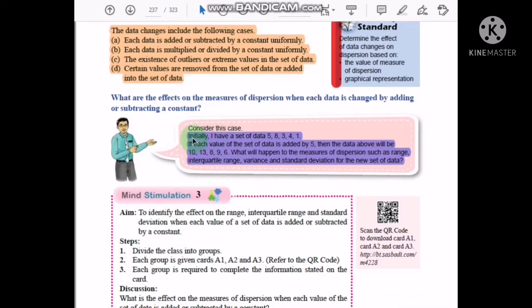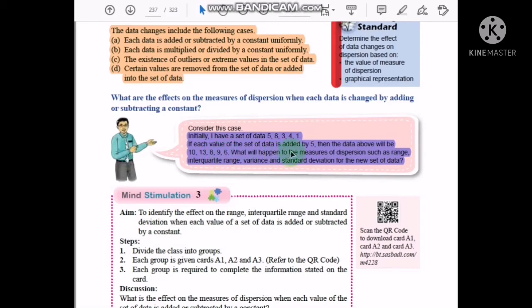For example, initially I have a set of data 5, 8, 3, 4, and 1, and if each value of the set of data is added by 5, it means you need 5 plus 5, 8 plus 5, 3 plus 5, 4 plus 5, and 1 plus 5. That is what we call added by 5 for each value. Then the data above will become 10, 13, 8, 9, and 6.